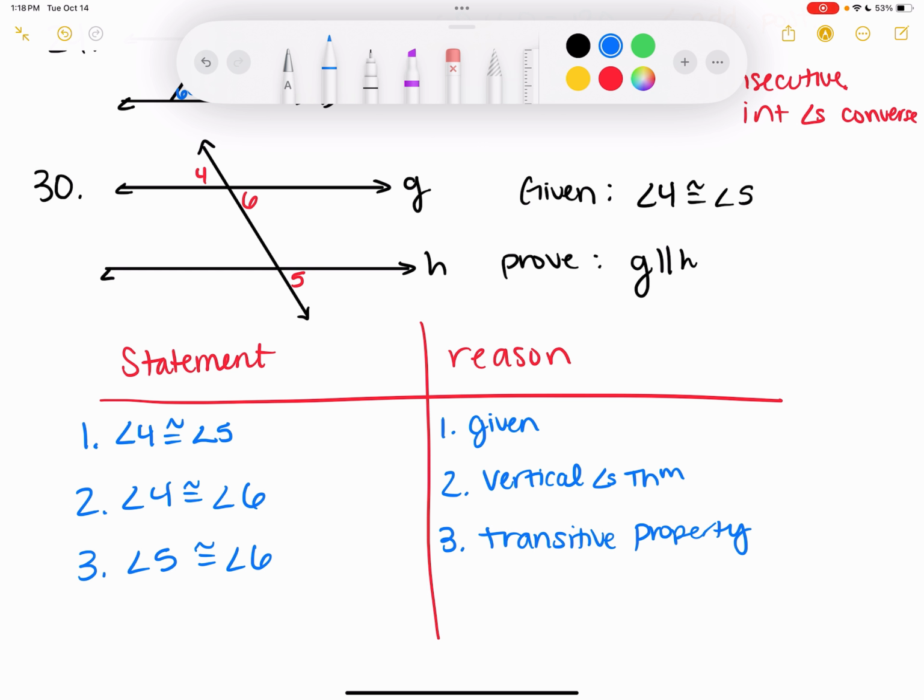G is congruent to H. Yep, parallel. I'm stupid. Corresponding angles converse then. Yeah, you would need to do it in this order in order to get to the right final result, since we're trying to prove that those lines are parallel.